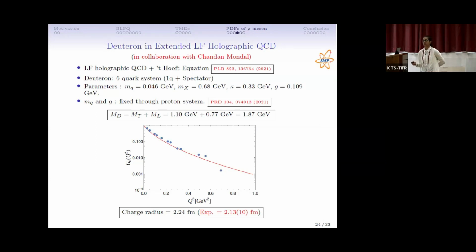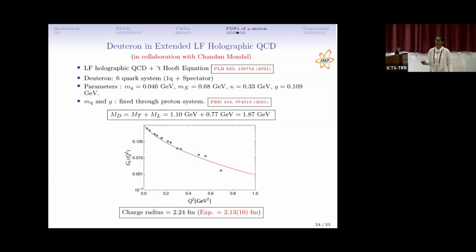So here we consider the neutron as a two-body system, an exotic system, one quark plus a spectator of the remaining quarks. The parameters we used are the quark mass, the spectator mass, the confinement in the transverse direction, and the confinement in the longitudinal direction.